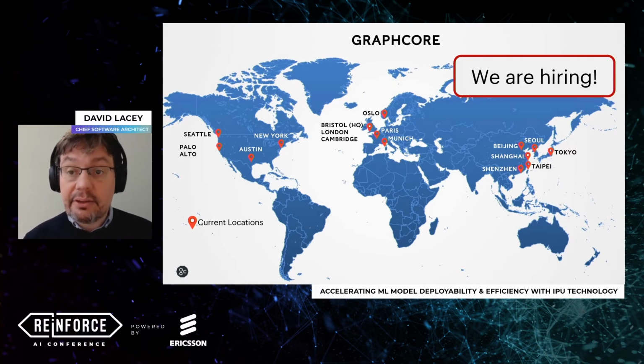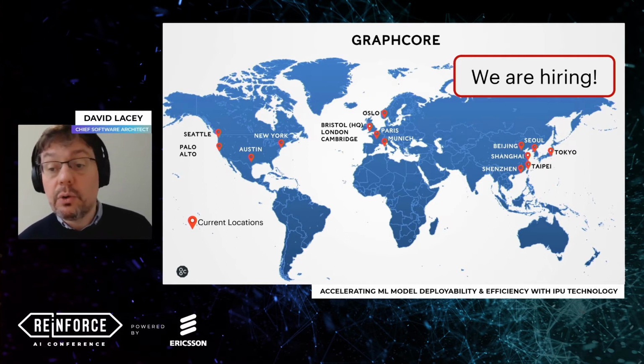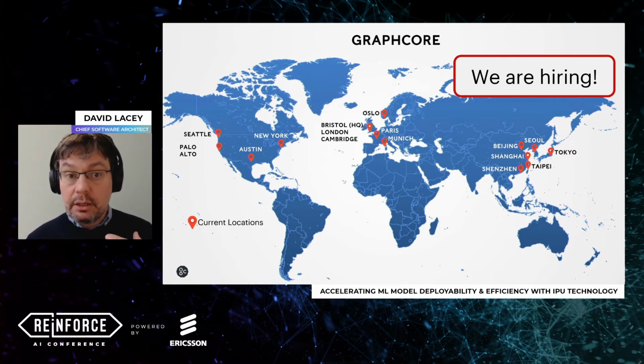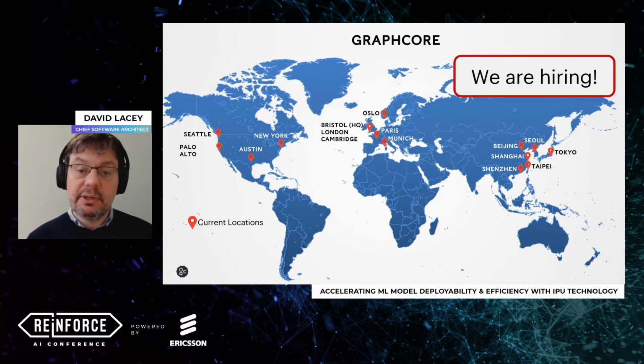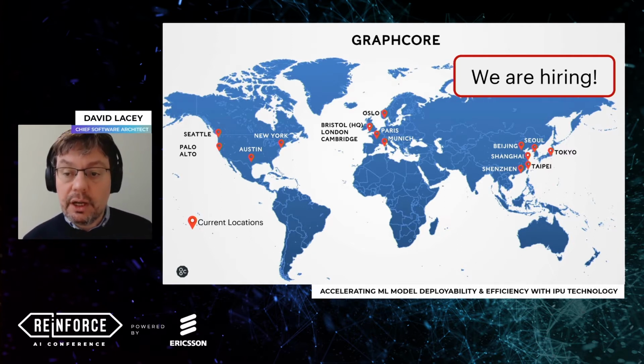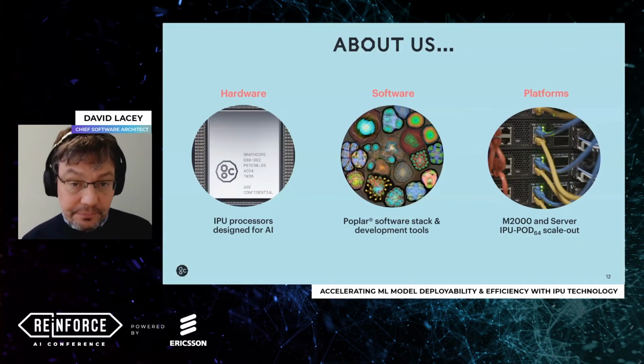I'll just point out that we are still hiring. We are expecting more growth this year, particularly looking for more software engineers, silicon and system engineers, and so on. So if you're interested in that kind of area, do get in touch.